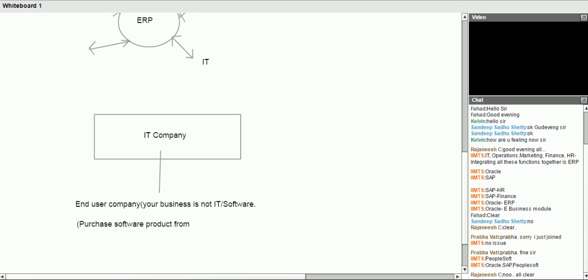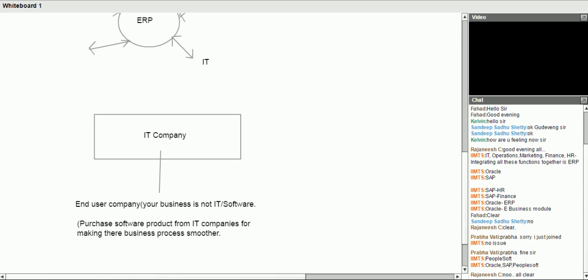They purchase software products from IT companies for making their business process smoother. So that is the concept.